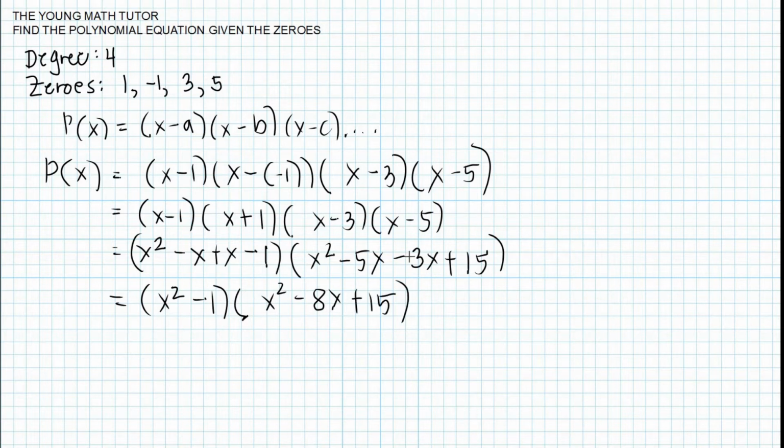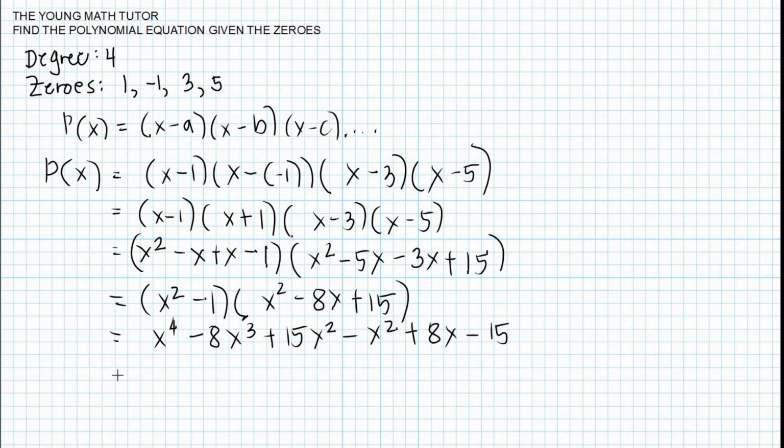Now we can use the distribution to work on the last two values. So that would be x raised to 4 minus 8x cubed plus 15x squared minus x squared plus 8x minus 15. And then we can just combine the similar terms on our equation.